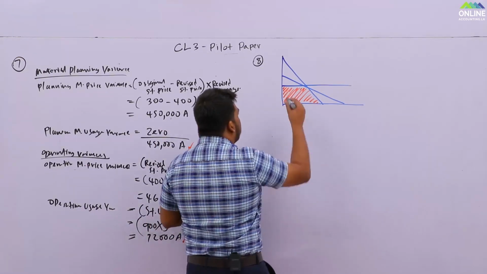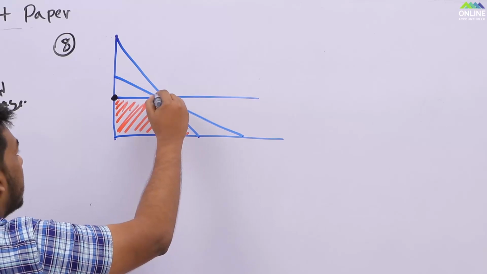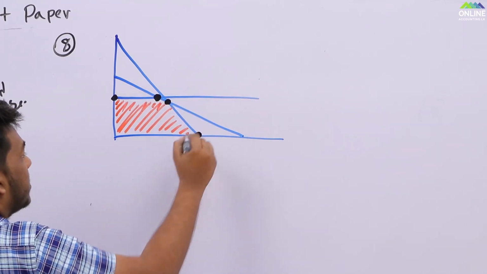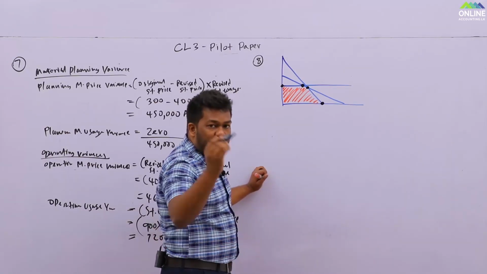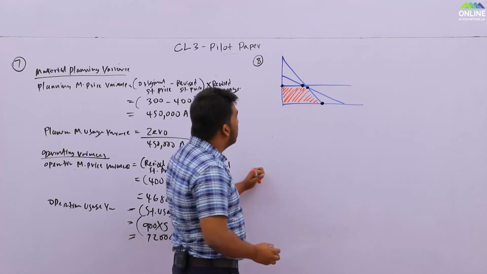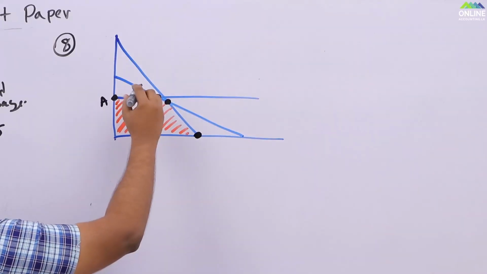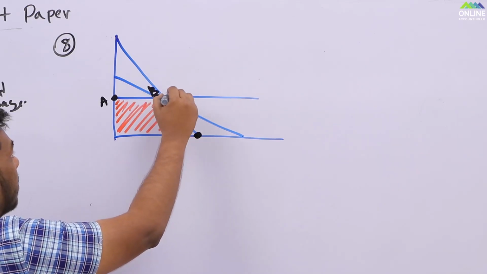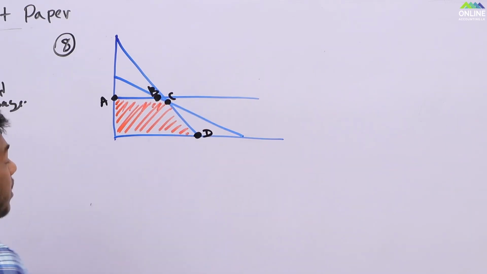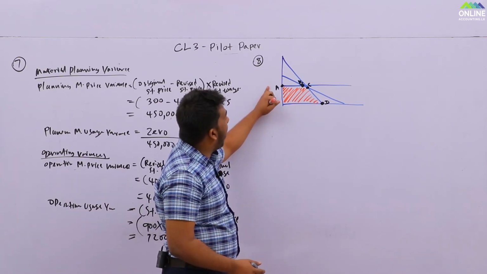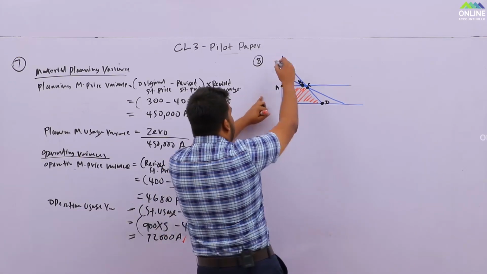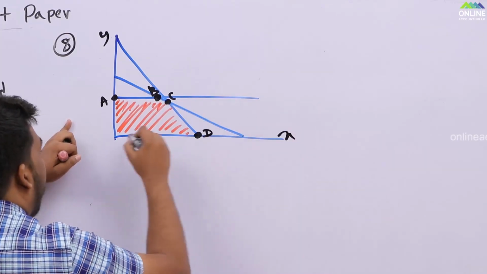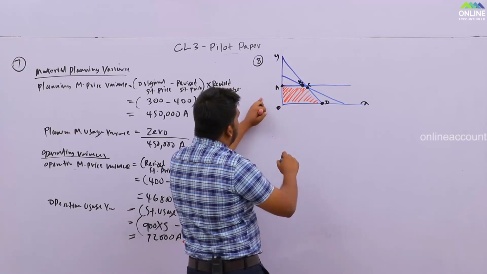It could be either this, or this. We have discussed this. Only at corner points you can have the optimal. And if you put the numbers, this is A, this is B, this is C, this is D. Now tell me, in A, can we have the optimal? No. Why?